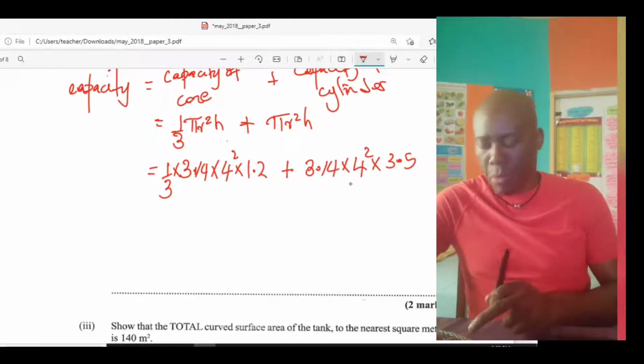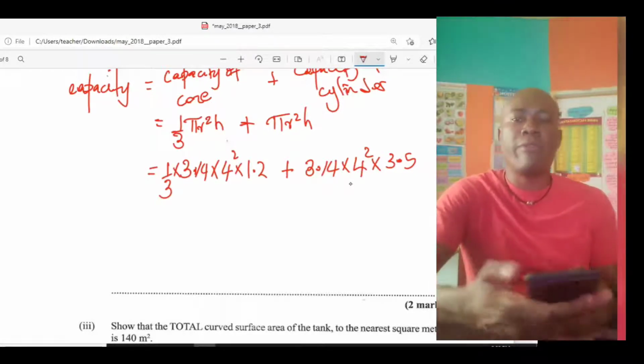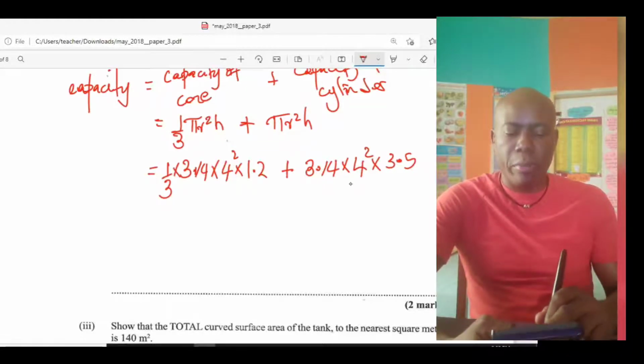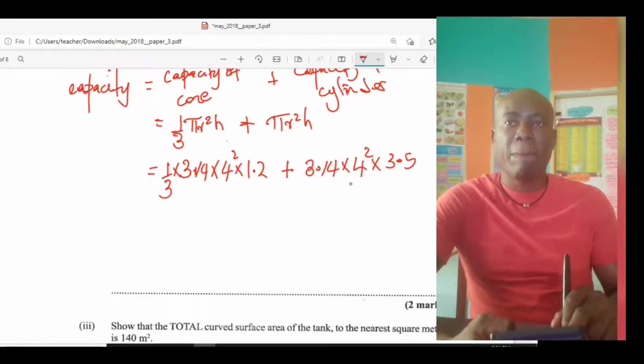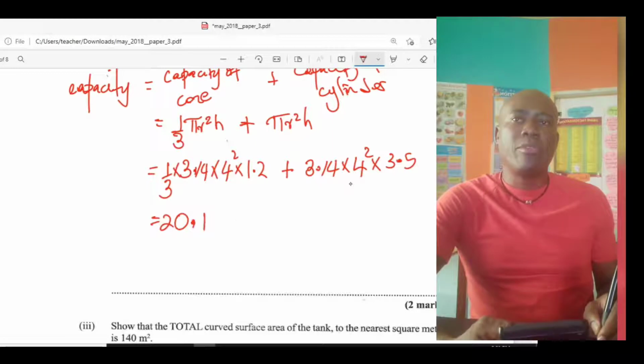So we're talking about 3.14, here's my calculator. 3.14, we multiply that by 4 times 4 is 16, multiply that by 1.2, and then divide that by 3. So we're getting 20.1. All right, so that is 20.1.